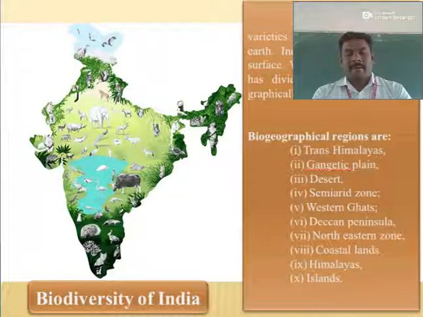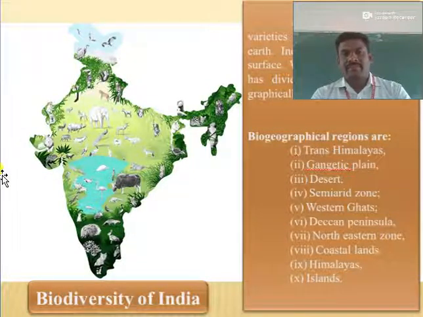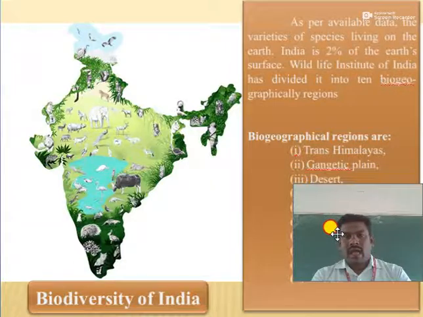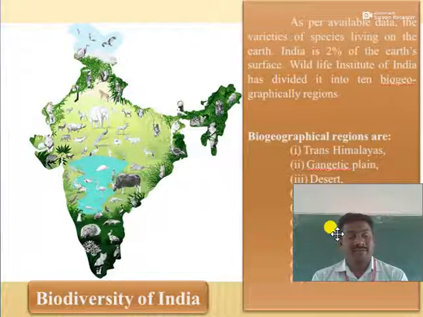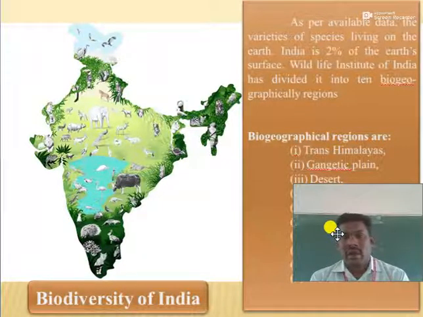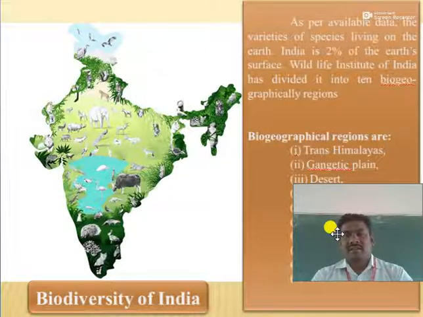The second one is biodiversity of India. As per available data on the variety of species living on earth, India is 2% of earth's surface at world level. Wildlife Institute of India has divided it into 10 biogeographical regions.